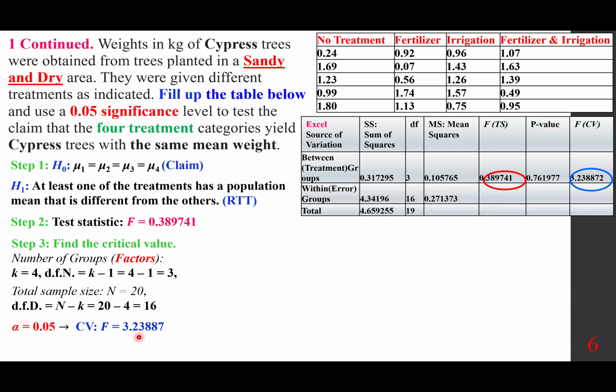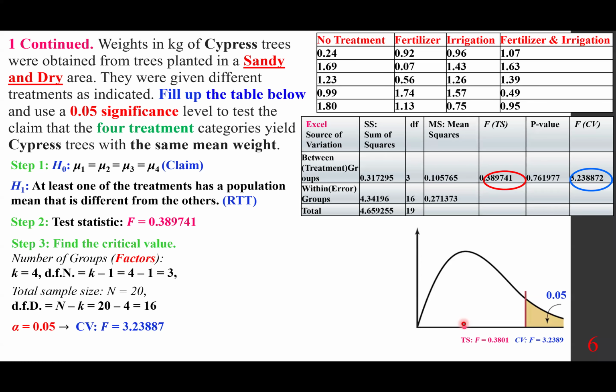All right. As far as the graphing is concerned, let's do the graph. And this is 0.05. The critical value of 3.22389, let's say, is here. And the test statistic is way into the non-rejection region.